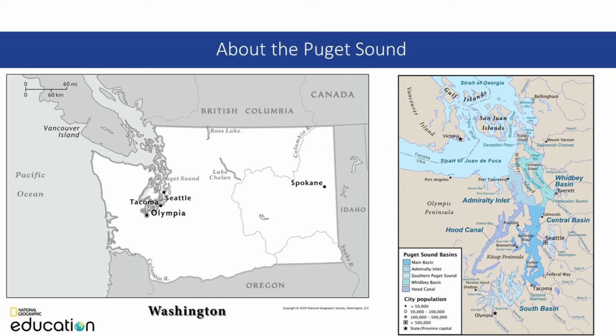Draw arrows indicating the river flow from those mountain ranges. Point out the city of Olympia. Color in a few pocket estuaries, such as Budd Inlet and Eld Inlet.